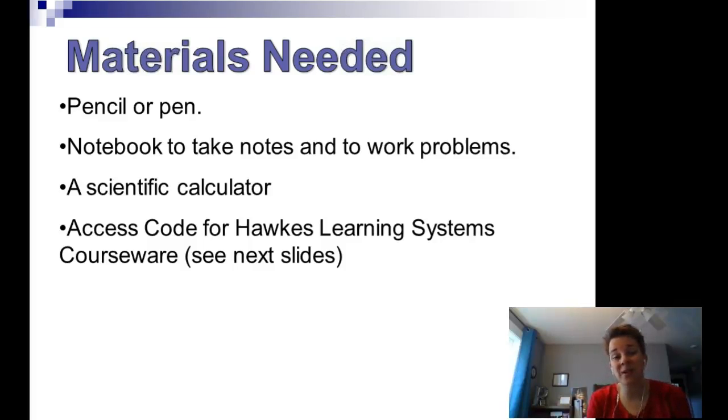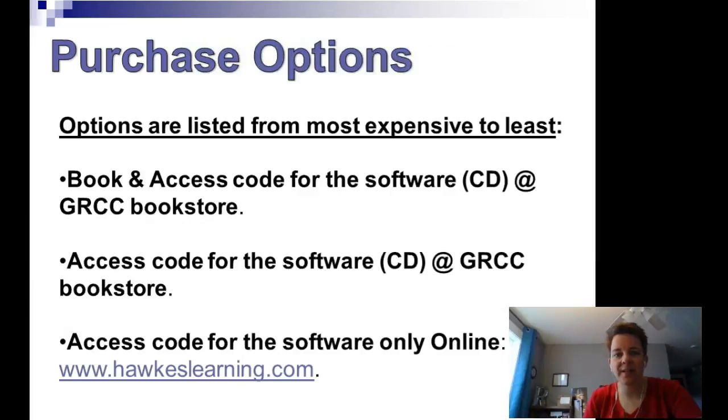And then you're also going to need to purchase the access code, which I'm going to talk about here. Now, the access code for Hawks is a bit expensive. It's around $100. It might be a little bit more than that right now. I can't remember. If you want the book also, which everything in the book is contained in the courseware, that's going to be more expensive. You can purchase that at the bookstore. That is probably around $120, $130.